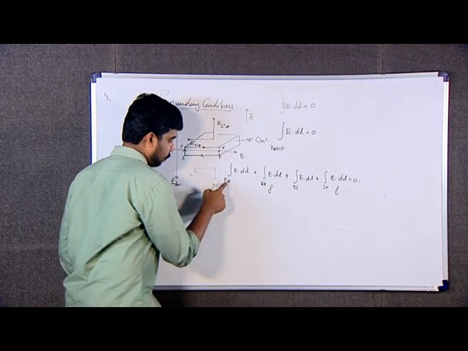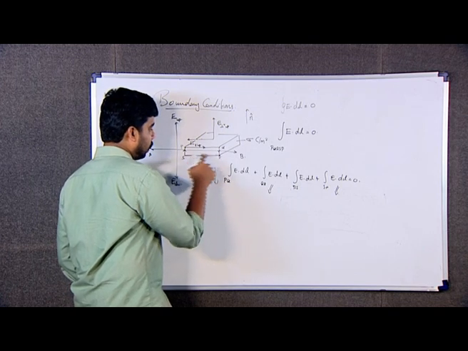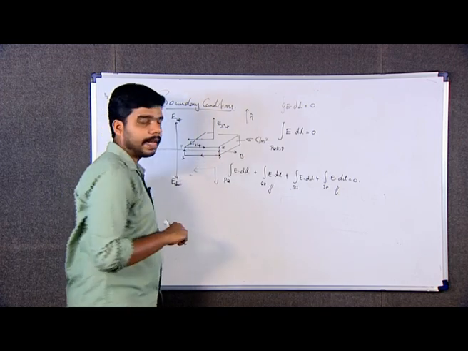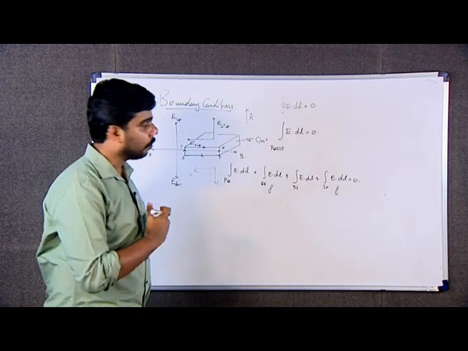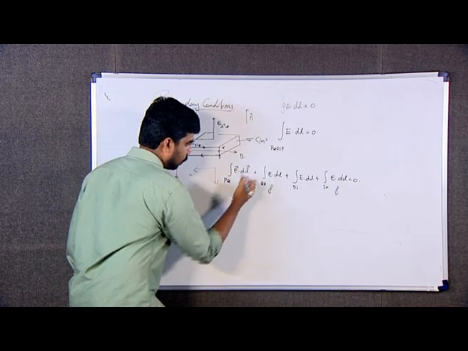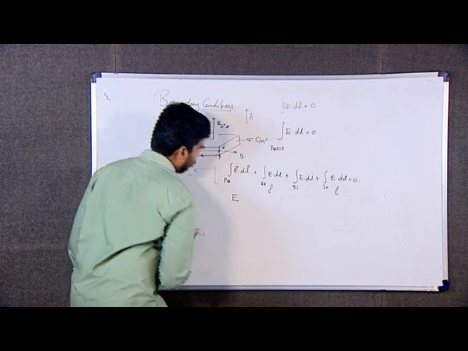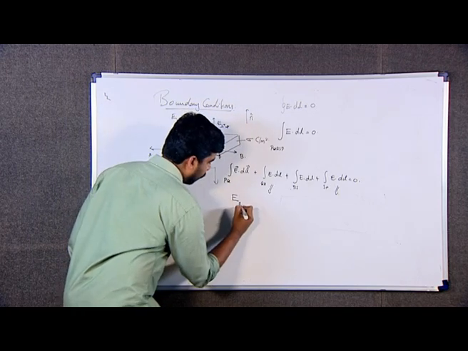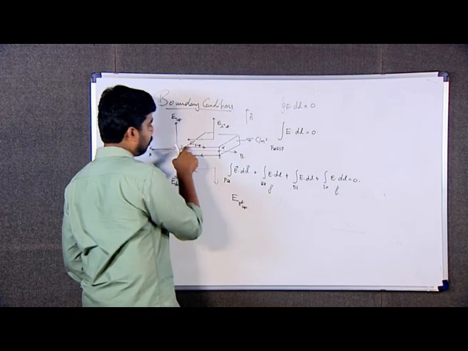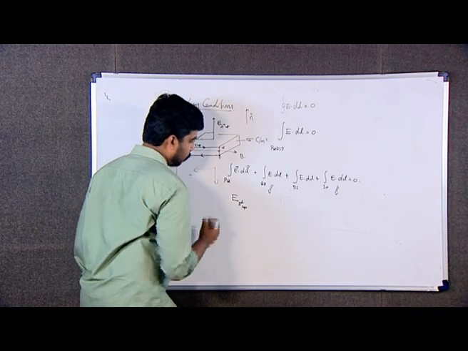Which integral? Which is PQ and RS. And remember, if PQ is in the forward direction, then RS is in the reverse direction. So while taking the dot product, integral PQ will become E parallel up component into dl, which is in the opposite direction.